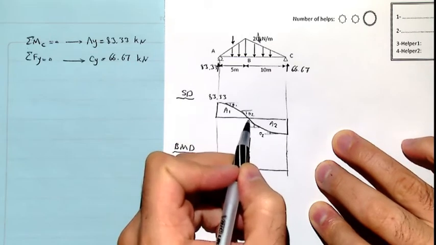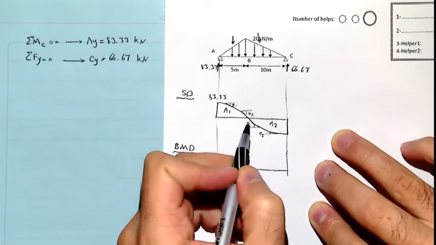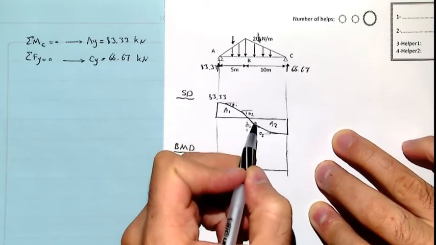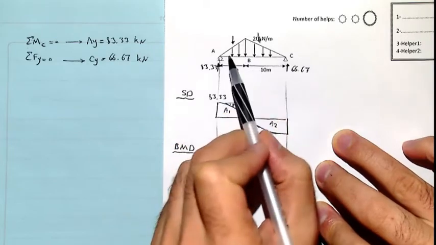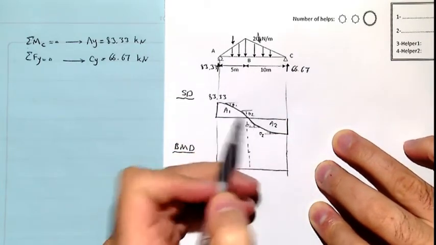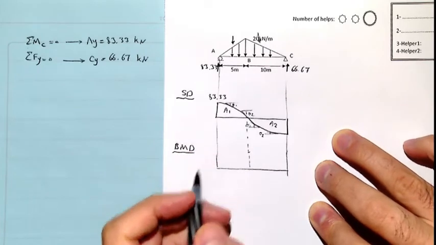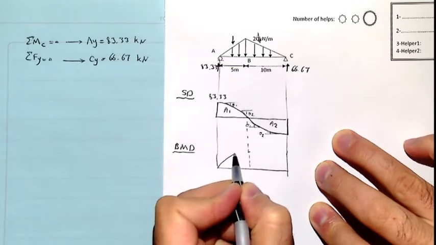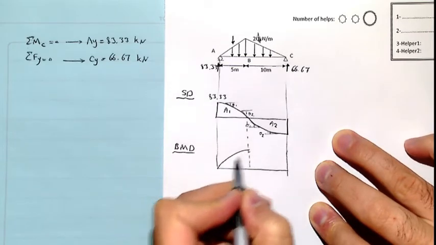It's reaching the point 0. So what we have to say is, okay, it's decreasing. If you remember, for the loading it was increasing, for the shear it's decreasing. Because it's decreasing, the bending moment should decrease as well, so we draw some curve like this.